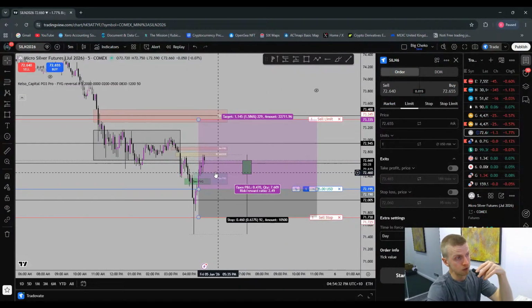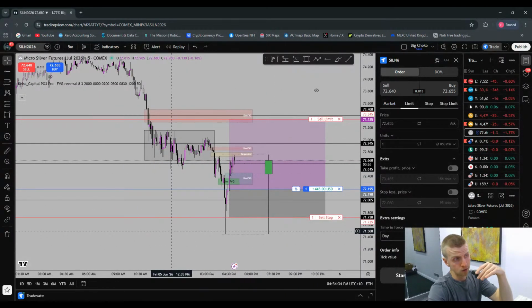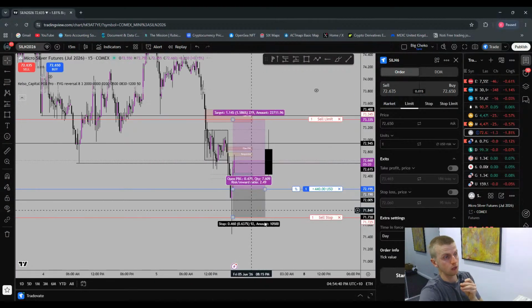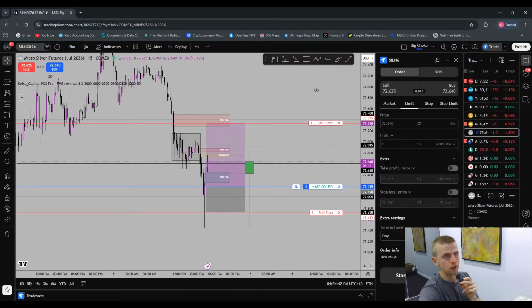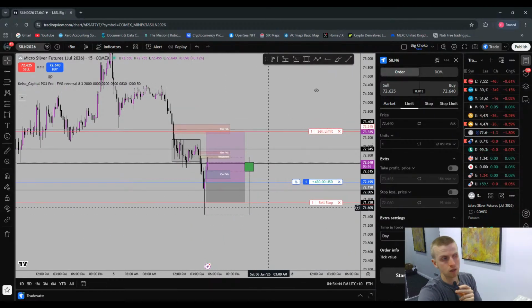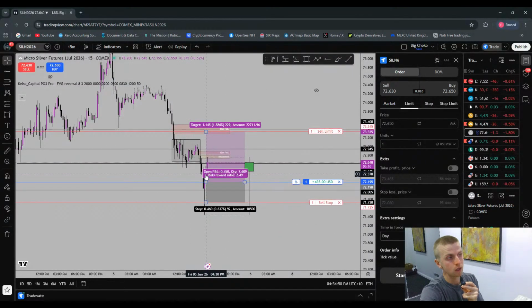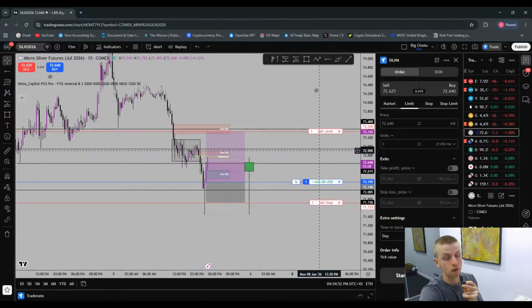We do have this 15-minute gap. Another option that generally happens, if it's not a PO3 setup and it's just a sweep of a session high or low, generally we wait for a close back above, and it creates a fair value gap.